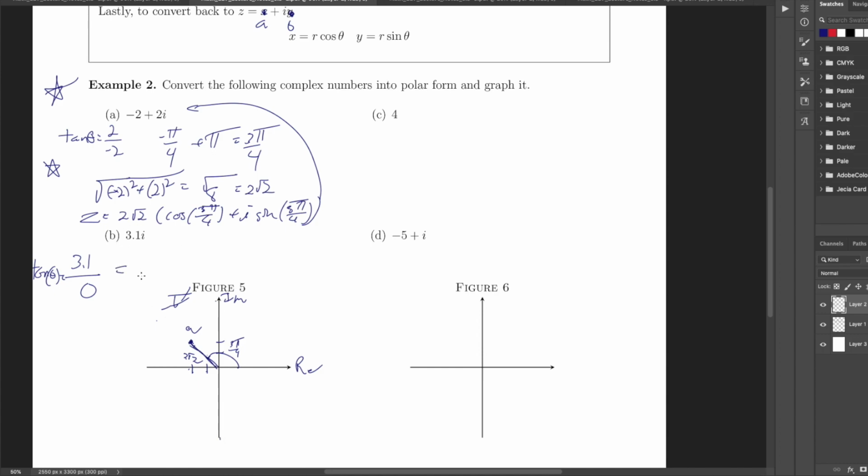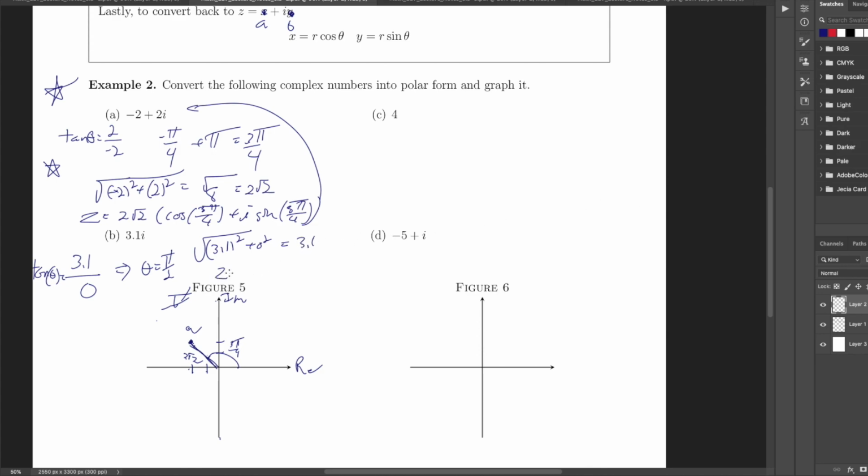And so here, we'll get pi over 2. So that means, hold on, let me just translate. This means that theta equals pi over 2. You can also use the thing on Wikipedia, which I just showed you. Notice that if I take 3.1 squared and then add 0 to it and square it, I'm just going to get 3.1.